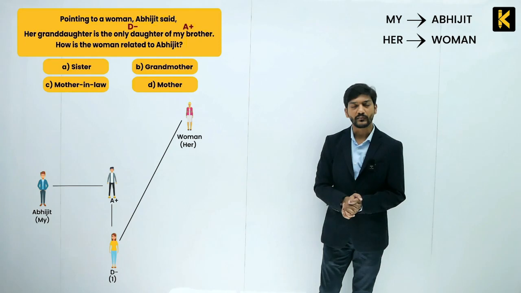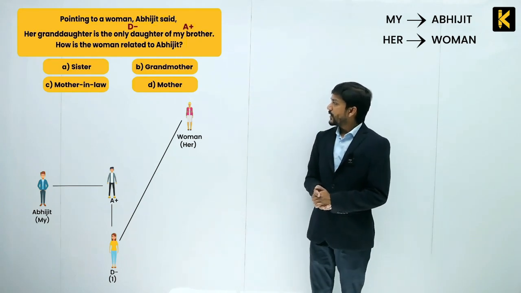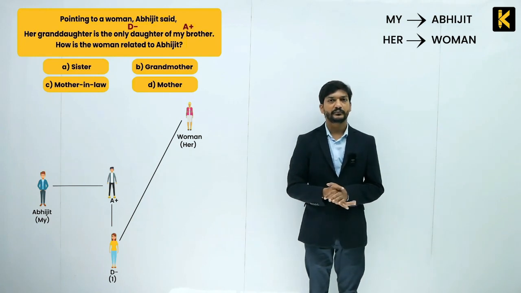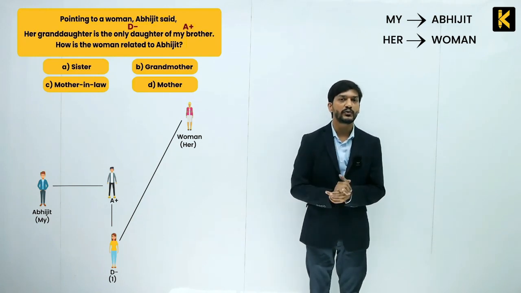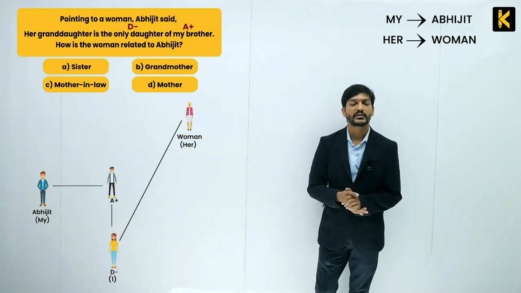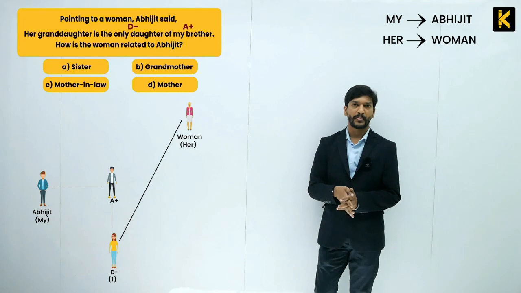Now, think please. First you need to see what the missing relations are. Then only we'll be able to tell the answer for how the woman is related to Abhijit. So now think please.